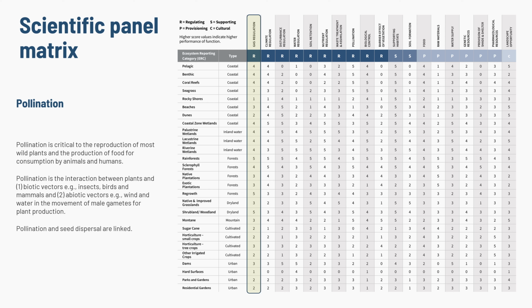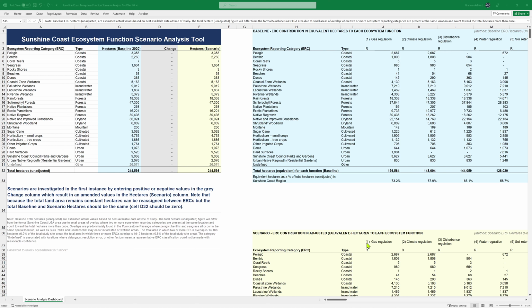In other words, it would take 5 hectares of rocky shores to equate to 1 hectare of rainforest. So we're converting everything, if you will, like currencies. We're converting everything into fully performing hectares. So I'll show you that now in the scenario analysis tool.